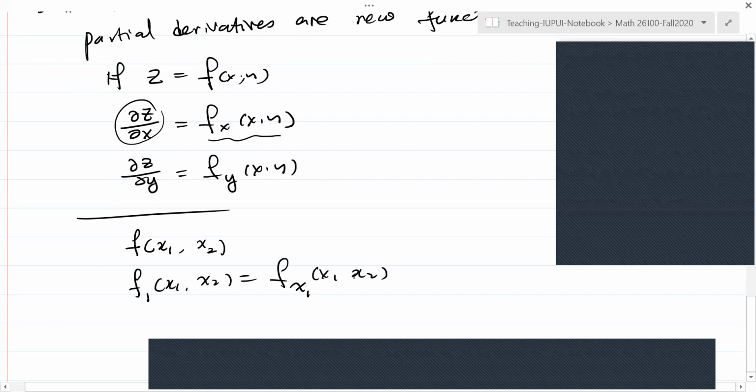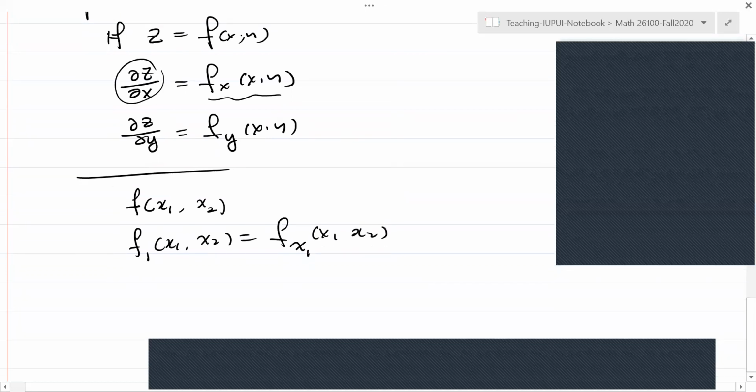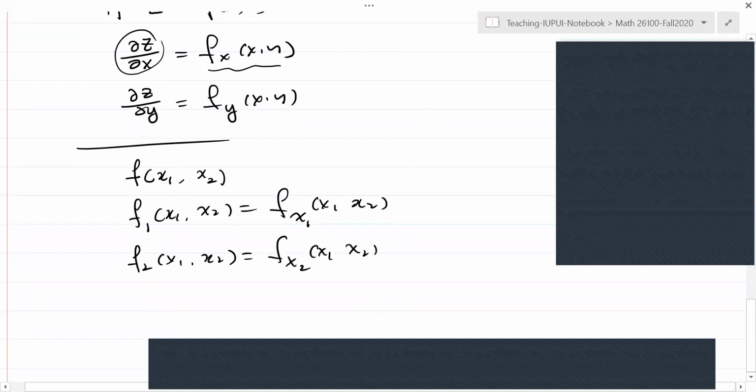We don't need to keep writing x. So f1 means the first partial derivative, with respect to the first variable. f2 means the partial derivative with respect to the second variable, x2. Of course, you can still use xy.